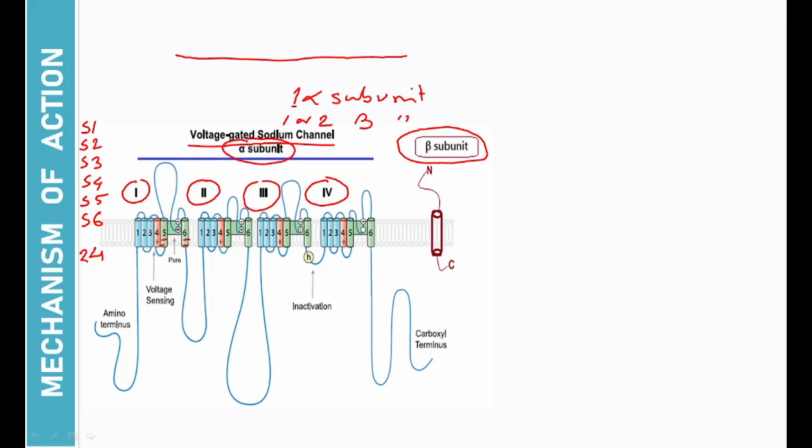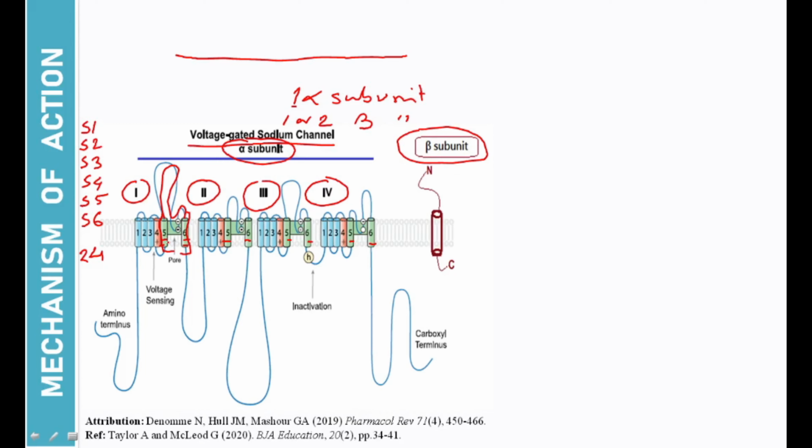That means the pore is formed by S5, S6, and the loop which is connecting S5 and S6, in each domain. So the pore is formed by this loop composed of amino acids connecting S5 and S6. That is very, very important.